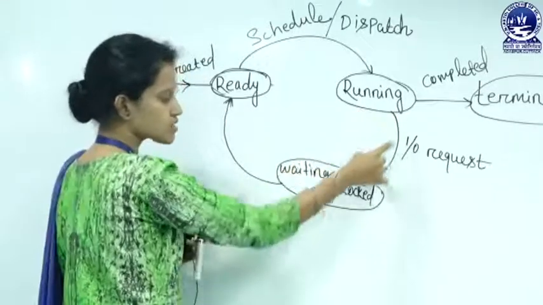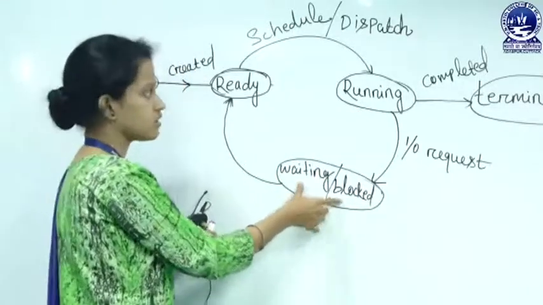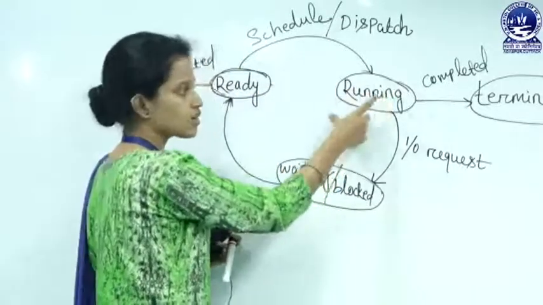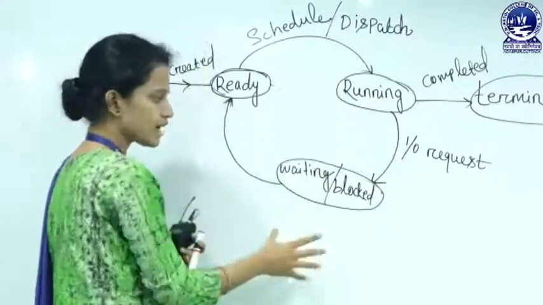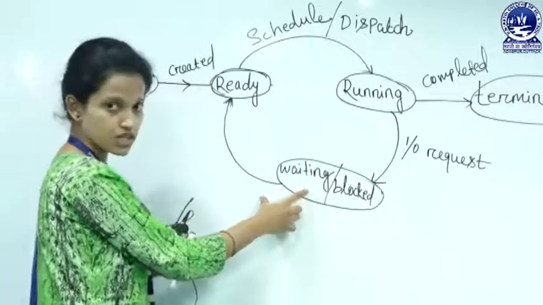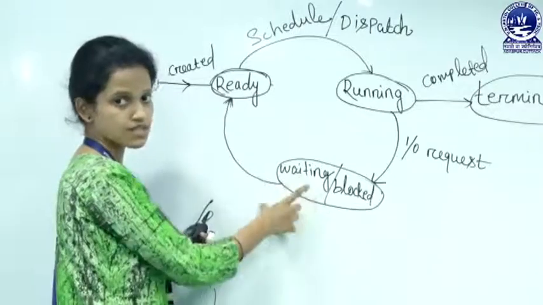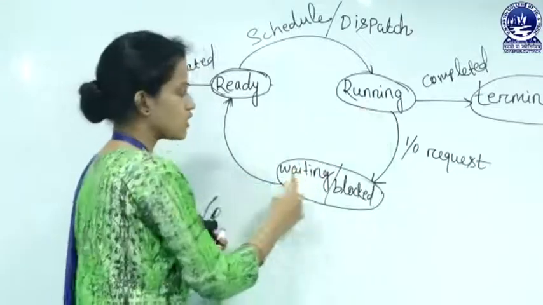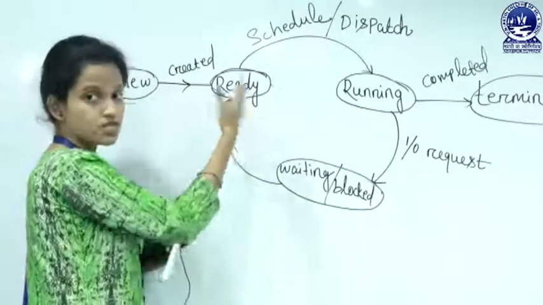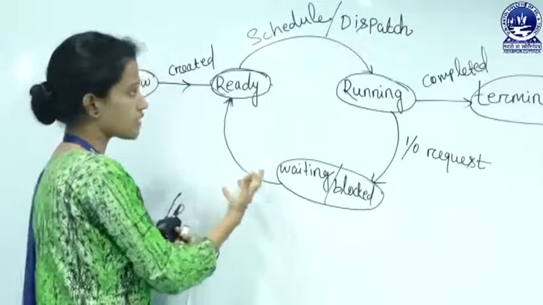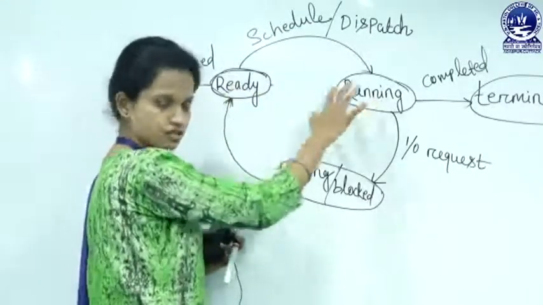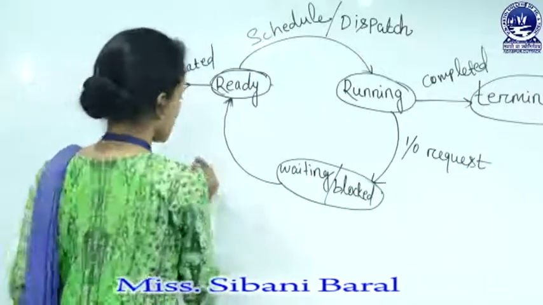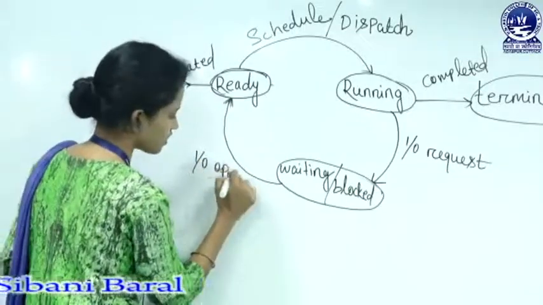When it goes to the waiting state, other processes in the queue may be executing in the running state. So when its IO operation completes, it goes back to the ready state to resume its execution, then from ready to running, and thereafter it completes its execution. So, you can write IO operation completes.